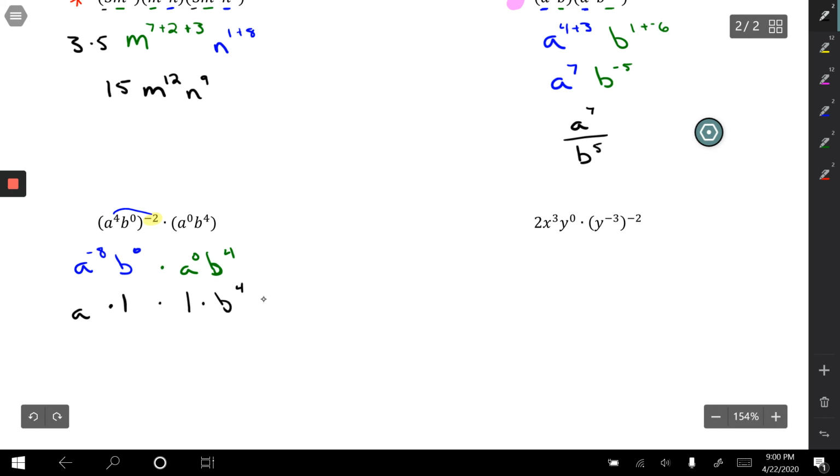And so now what I'm really looking at is I only have this a to the negative 8 and this b to the 4 to worry about, because 1 times 1 times b is just going to be b. Now, I've got that negative exponent. It's telling me the a to the negative 8 is on the wrong side of the fraction line, so that means he has to drop down below. But once he's there, now it's a positive exponent, and we are good to go.